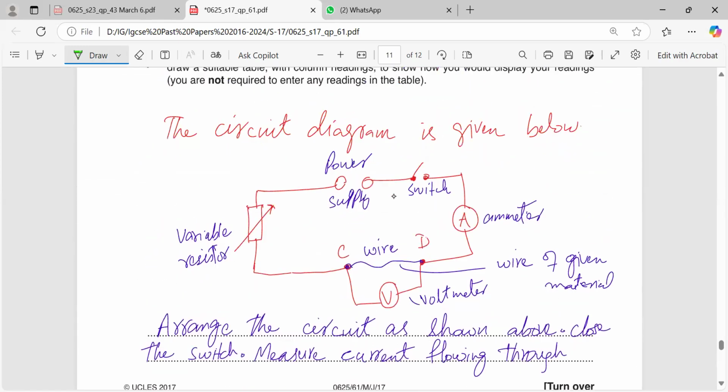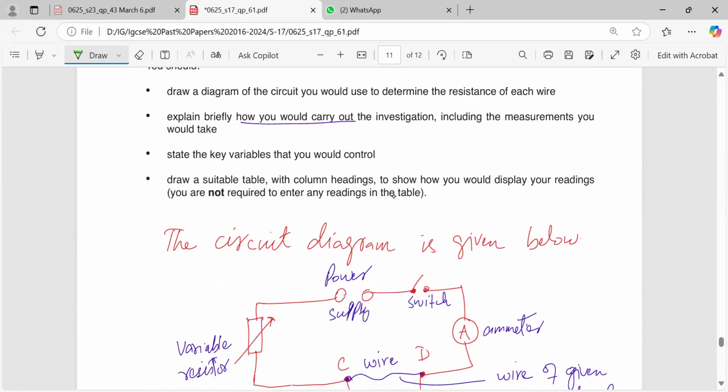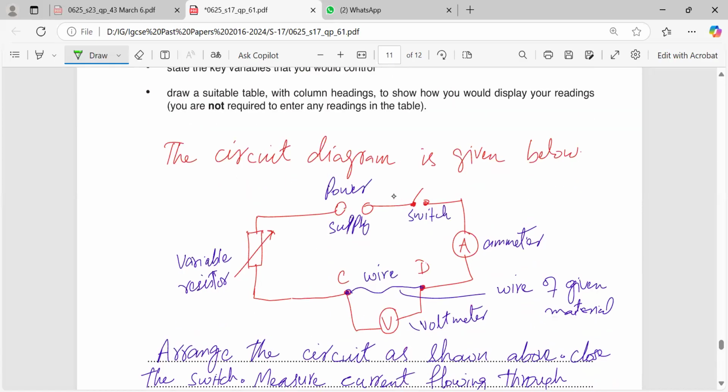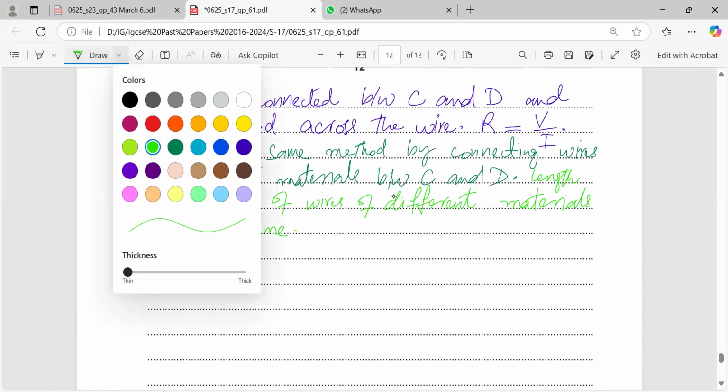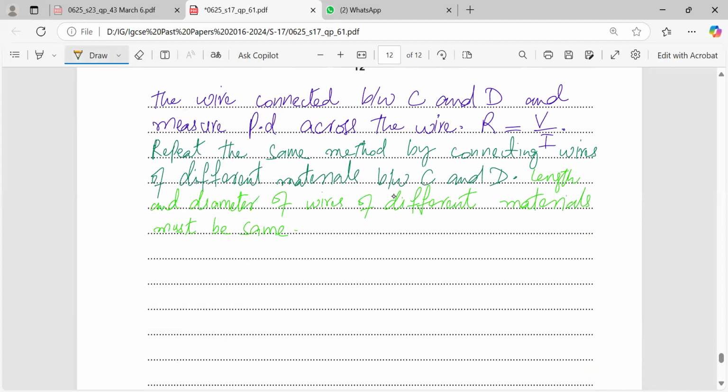Then what is the next point? Draw a suitable table with column headings to show how you would display your readings, and you are not required to enter any value. See, even in the table, my dear friends, first of all comes the independent variable. You will say type of material, no unit. Then you measure the current, in amperes. Then the voltage, in volts.